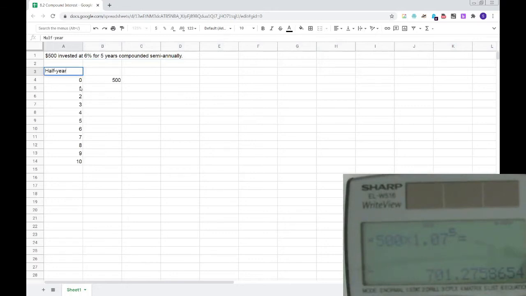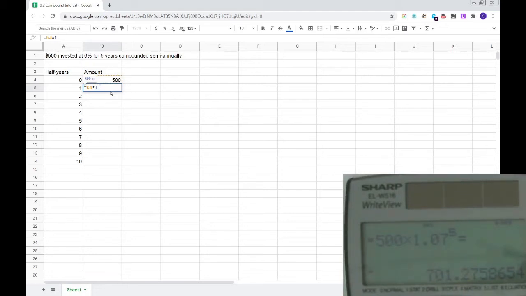So we're counting in half years. And we're not going to get 6% every half year.